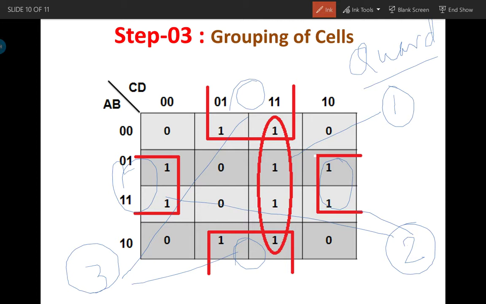The two quads can make a single octet also, but here I have shown two separate quad groups. After looking at the final expression, I will come to this point later, that we can make the octet group also. So at this step, let us consider it separate.